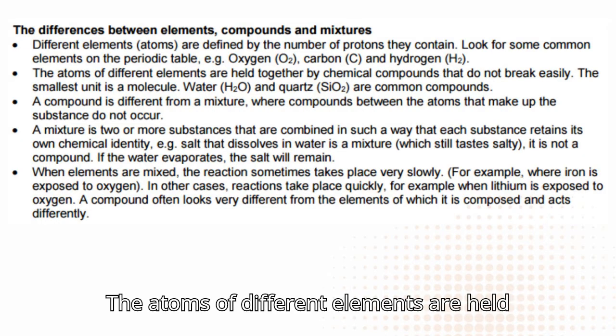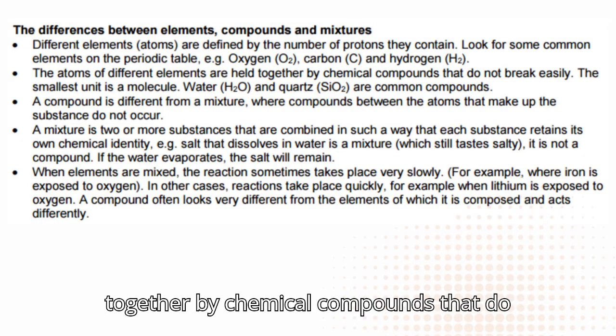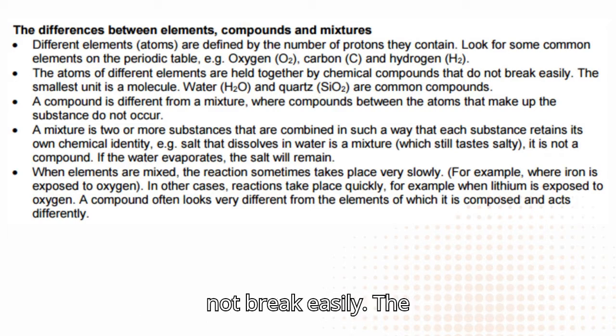The atoms of different elements are held together by chemical bonds that do not break easily. The smallest unit is a molecule. Water, H2O, and quartz, SiO2, are common compounds.